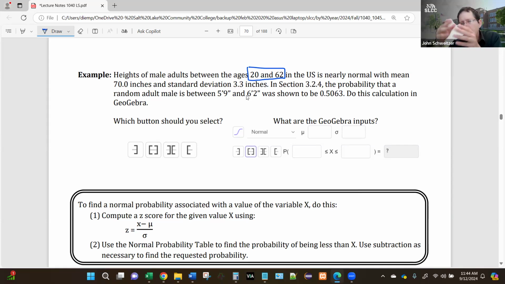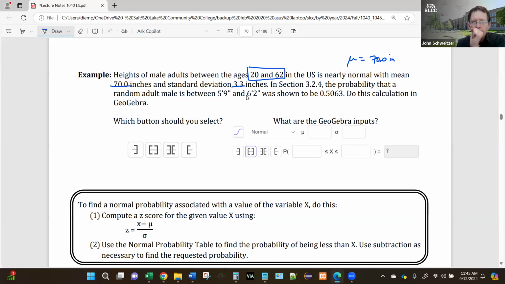After your 60s or so, you'll probably start losing some height, so between 20 and 62, you're pretty much at your adult height. So the mean there is 70 inches, and we'd say mu equals 70 inches.